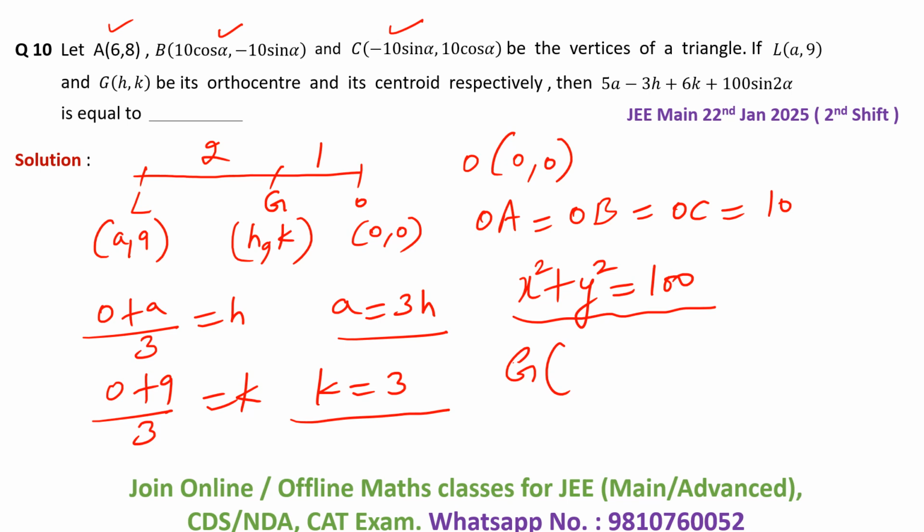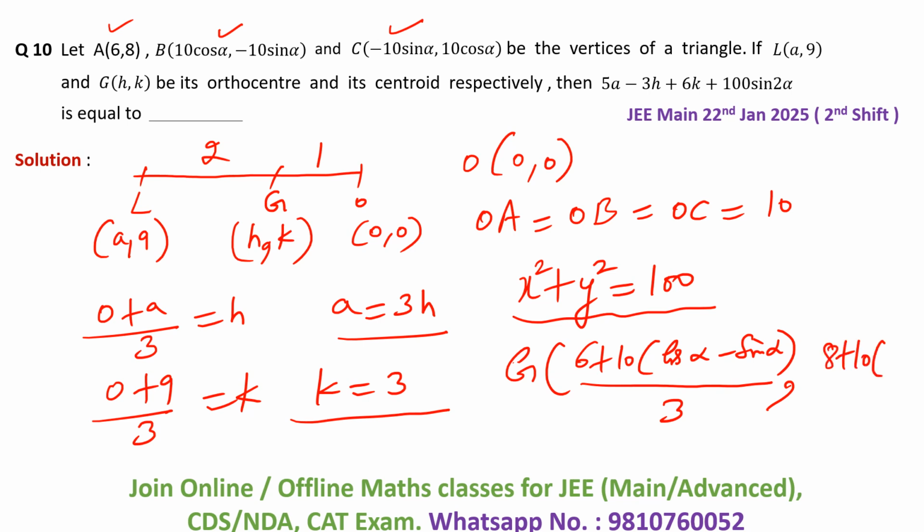So G becomes (6 plus 10 cos alpha minus 10 sin alpha) whole divided by 3, and the y coordinate becomes 8 plus 10 times (cos alpha minus sin alpha) inside the bracket, whole divided upon 3, right? So this becomes the coordinates of the centroid.